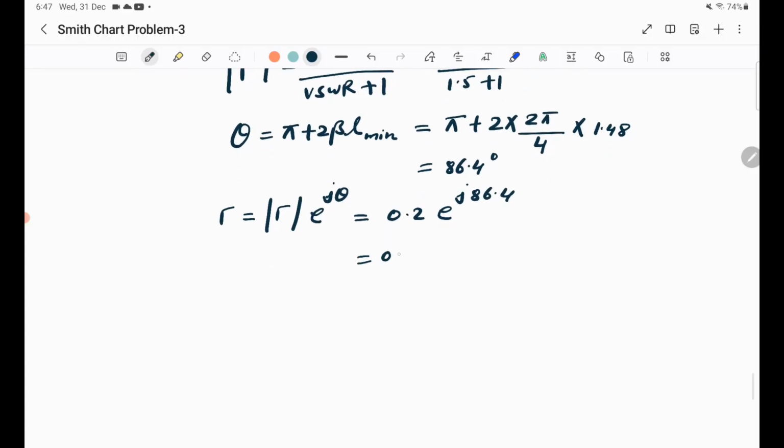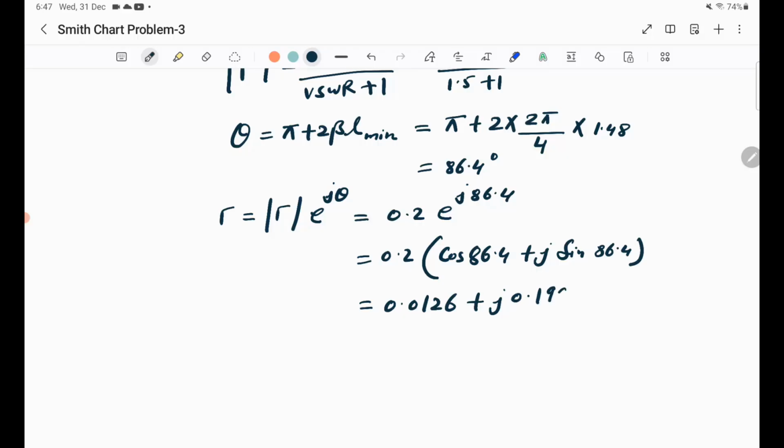If you just expand it, you will get cos 86.4 plus j sin 86.4. So this turns out to be 0.0126 plus j0.1996.